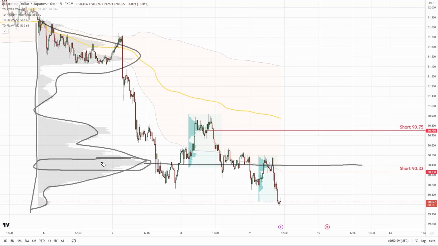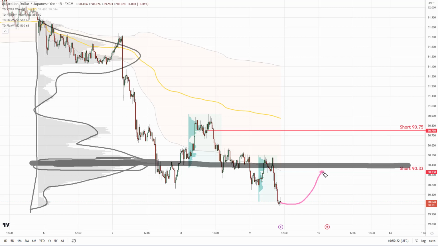So this is a heavy volume zone, which adds strength to our level. So those three reasons are why I think that this should work as a strong resistance and the price should react to it. All right, so that's the resistance number one.